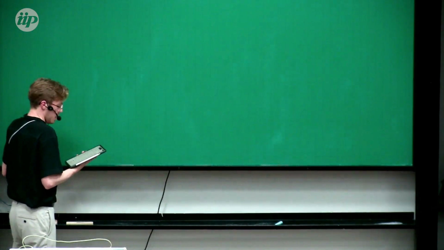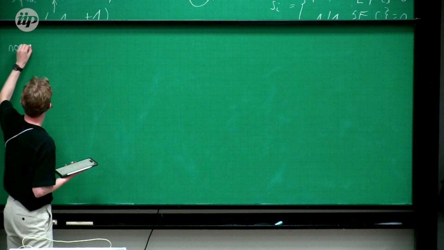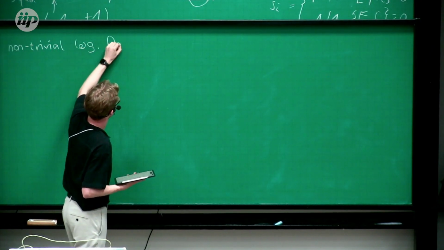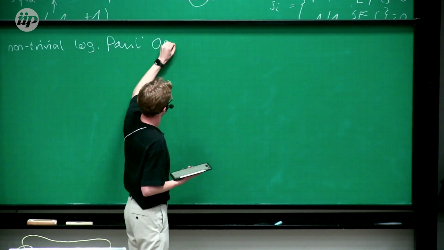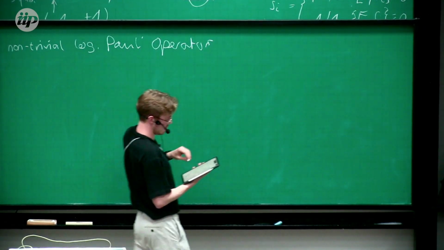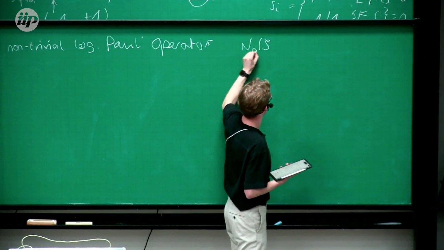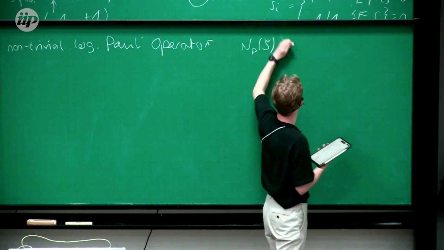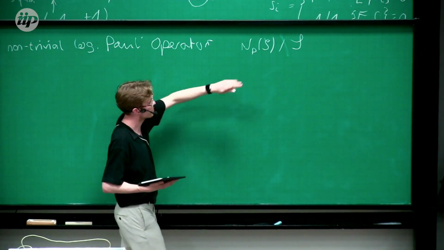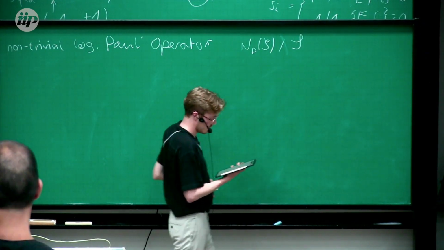These logical operators, or non-trivial logical Pauli operators, they were elements of the normalizer of the stabilizer group in P, and we quotient out the stabilizer, so all the elements that commute with stabilizer generators, but are not stabilizers themselves.